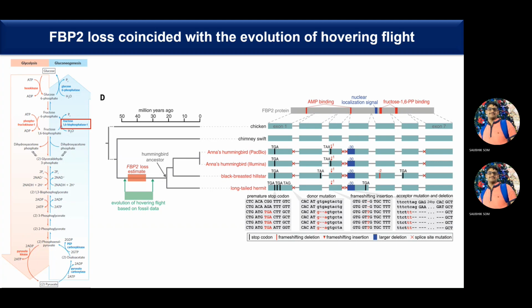Most of the steps in this pathway are bidirectional, but some are single directional. For example, the fixation of glucose: once glucose is fixed, it cannot go back from glucose 6 phosphate to glucose. This path cannot be reversed.